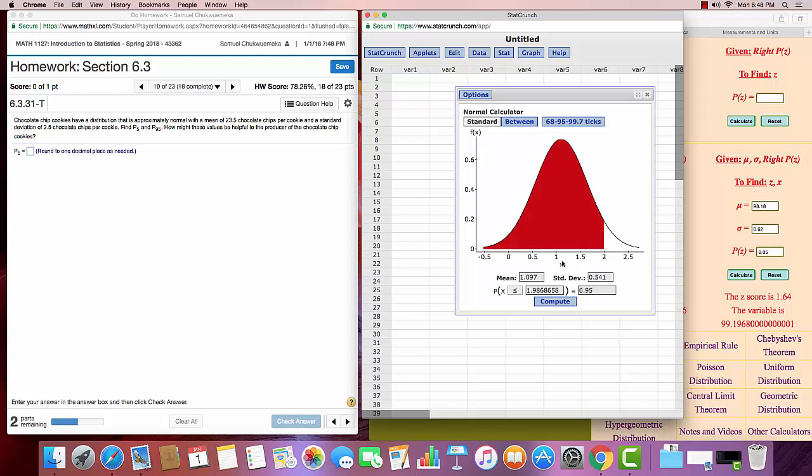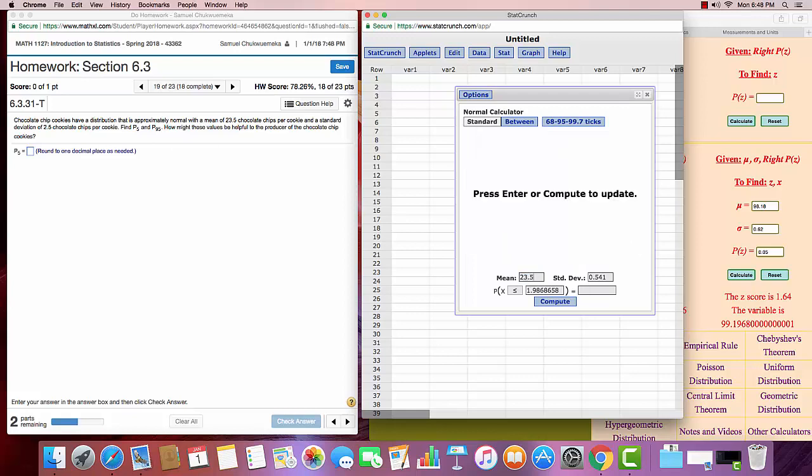So let's first of all find the 5th percentile. The mean is 23.5. Standard deviation is 2.5. And the 5th percentile is lower 5% from the upper 95%. So 0.05, but to the lower.